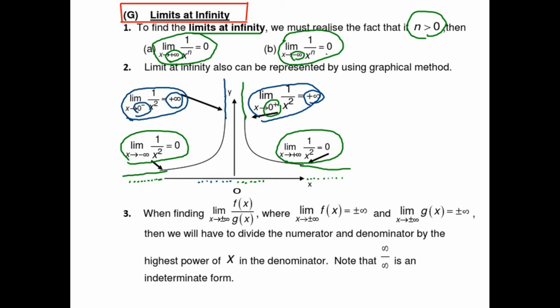When finding the limit as x approaches positive or negative infinity for the function f(x) over g(x), where the limit of f(x) equals positive or negative infinity, and the limit of g(x) equals positive or negative infinity, then we have to divide the numerator and denominator by the highest power of x in the denominator.